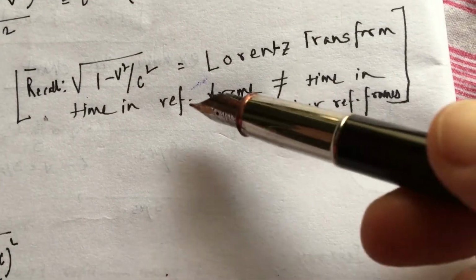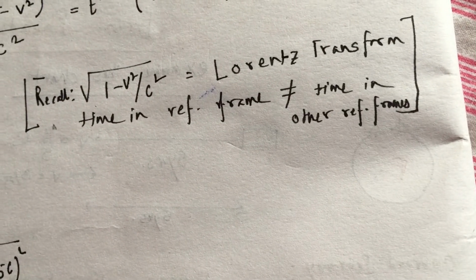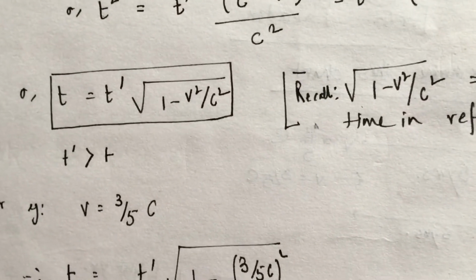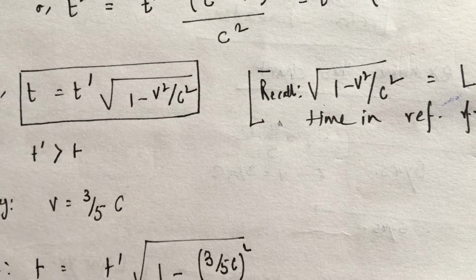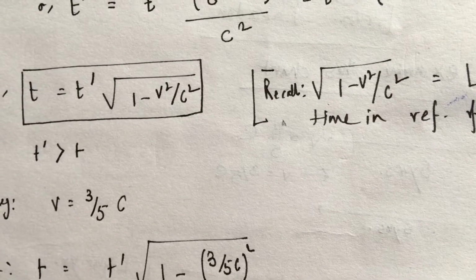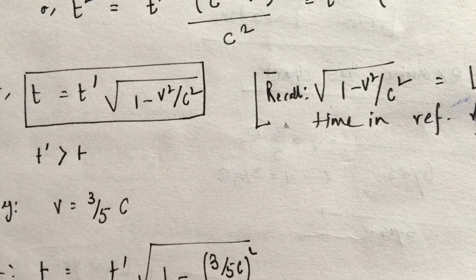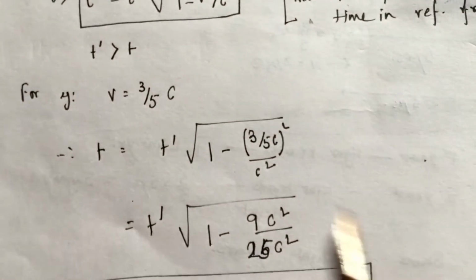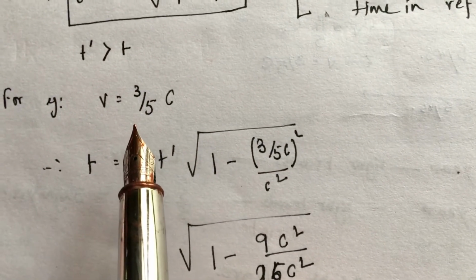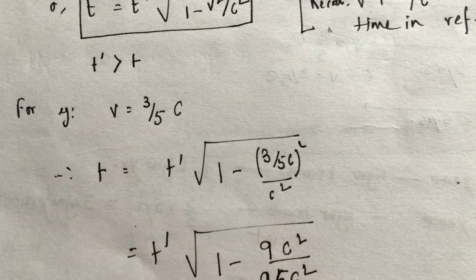This quantity is called the Lorentz transformation, because this is acting like a bridge between the two frames, two times measured by two different observers. Now, for example, the spaceship is moving with a speed of 3/5 of the speed of light.